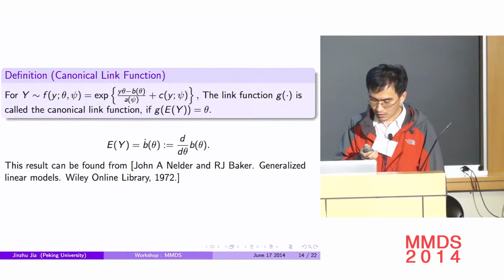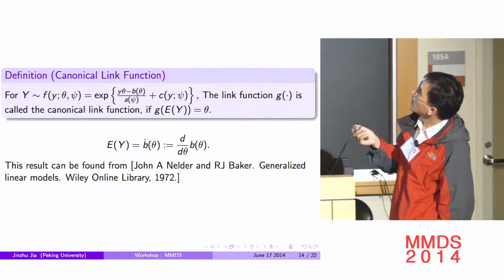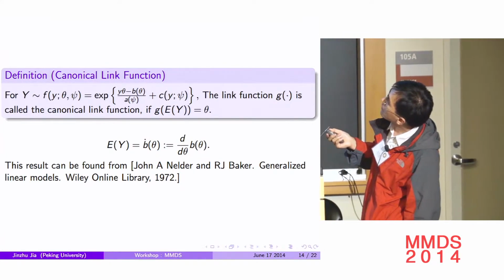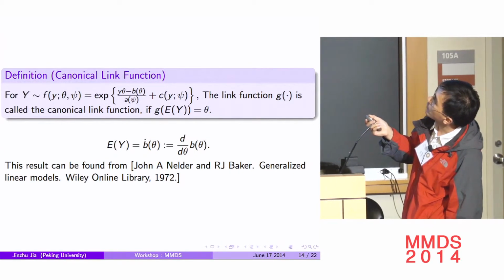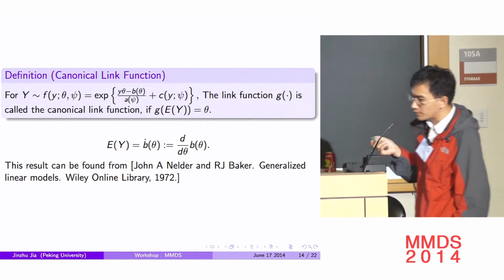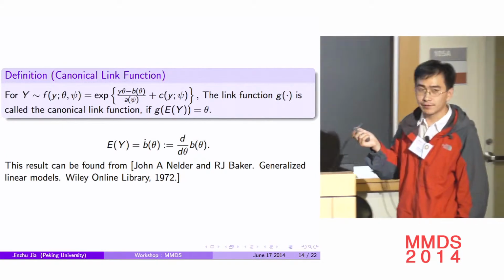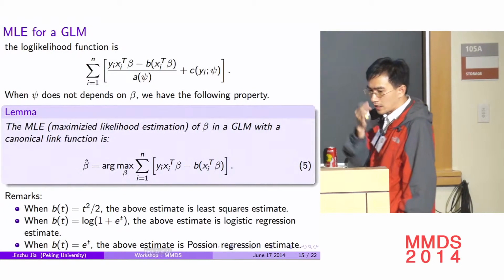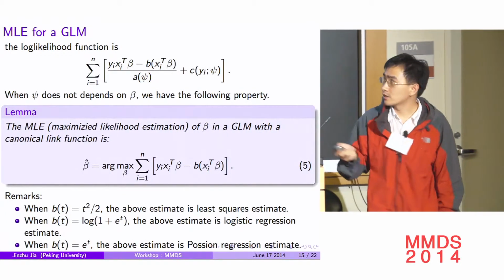And also there is a very good connection between the expectation of y and this function b. We can prove that the expectation of y is equal to the first derivative of b(theta). Okay, to solve a generalized linear model, we can use maximum likelihood estimation.